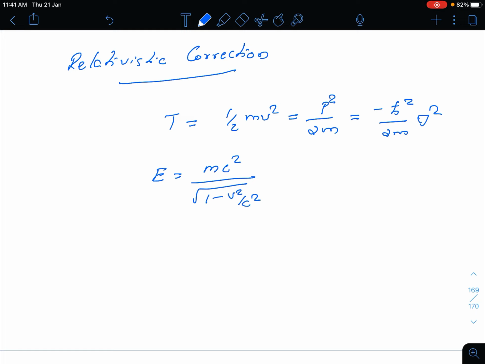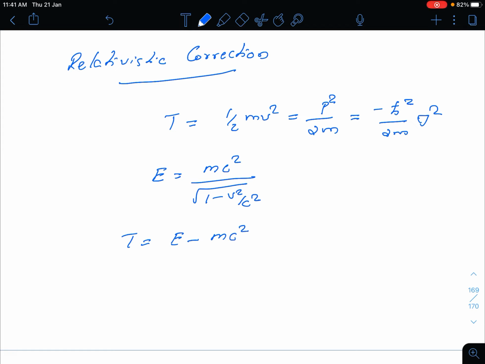Now the kinetic energy is the total energy minus the rest mass energy. We are not considering the potential energy here, so let's say there is no potential energy for the time being.